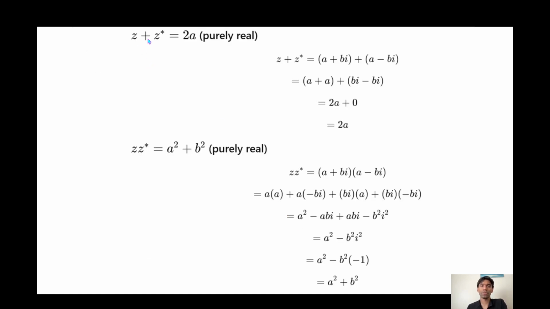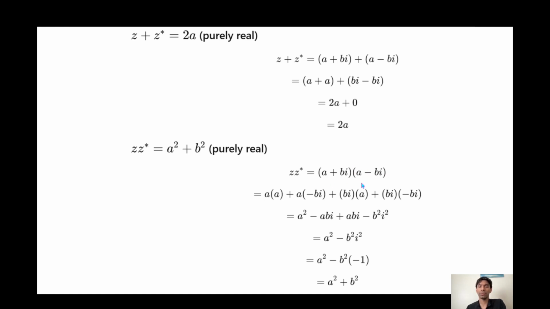So for z plus z star, this is equal to 2a. How does this happen? Well, you have a plus bi plus a minus bi, bi minus bi, they cancel out. We're only left with a plus a, which is equal to 2a. So this solves for z plus z star. And then in similar vein, if we have z multiplied by z star, what we do is (a plus bi) multiplied by (a minus bi).